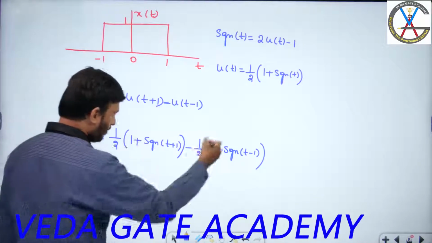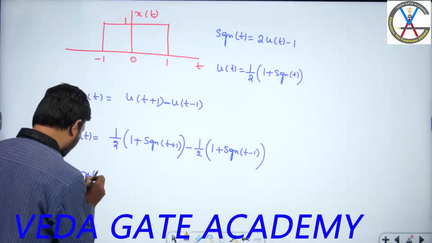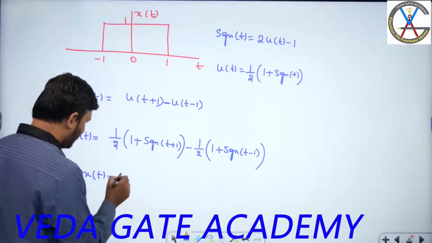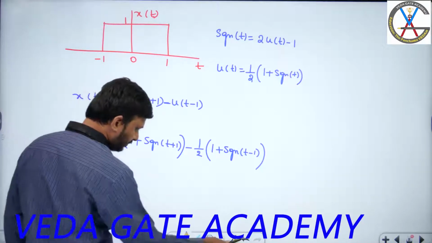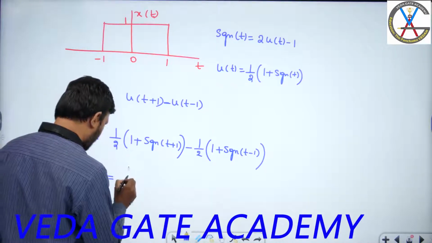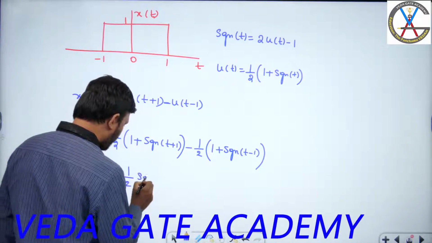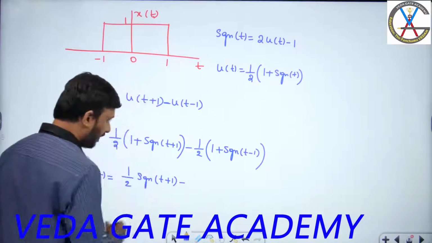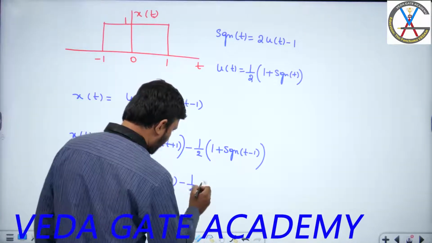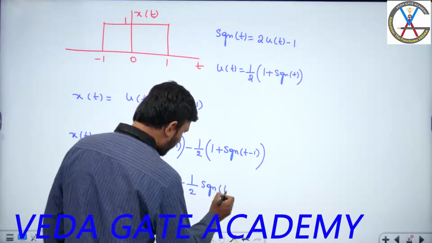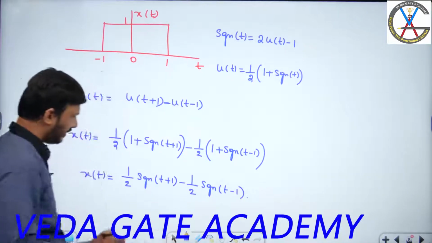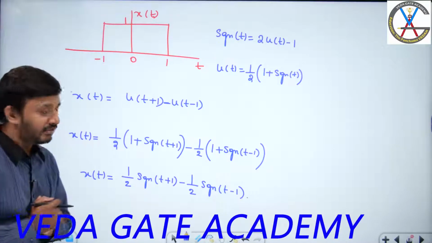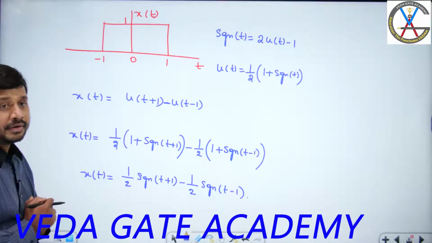Here the 1 by 2 gets cancelled, and x of t can be written as 1 by 2 signum of t plus 1 minus 1 by 2 signum of t minus 1. In this way, you can write the given signal x of t in terms of signum. Right?